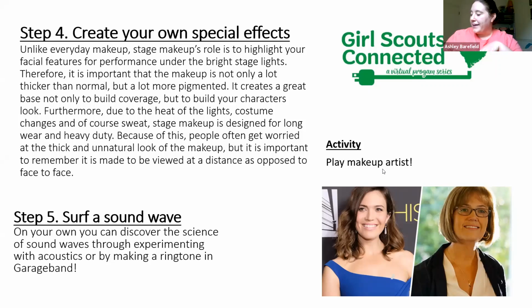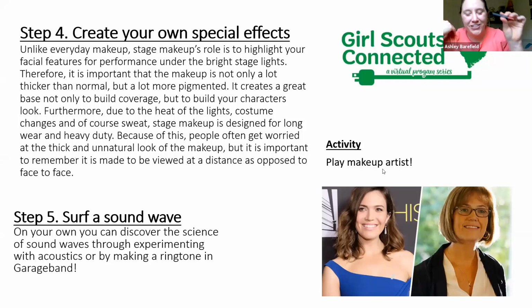So what I have today is an old version of eyeshadow, just some neutral colors I've used before. And I have some blush. And then I have a really fun red lip pencil color.